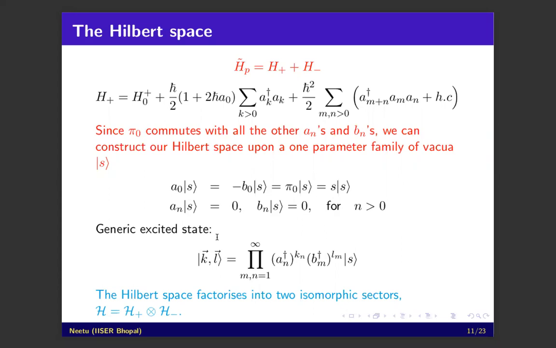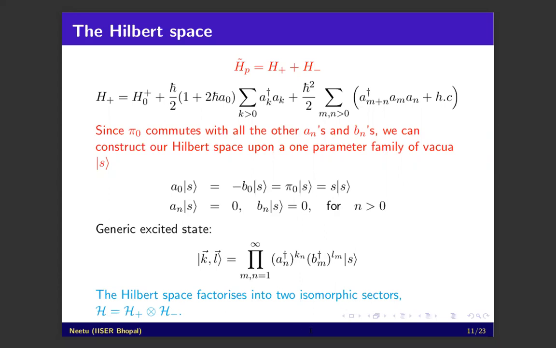So the zero mode commutes with all the other A's and B's. So we can construct our Hilbert space upon a one-parameter family of vectors, labeled by the eigenvalues of the zero mode, which I'm denoting by S. All the positive modes, A_n's and B_n's, annihilate this state S. And the generic excited state in the Hilbert space is just given by excitations over the ground state.